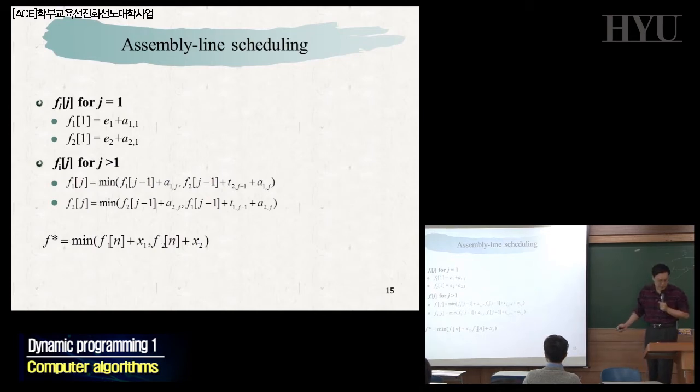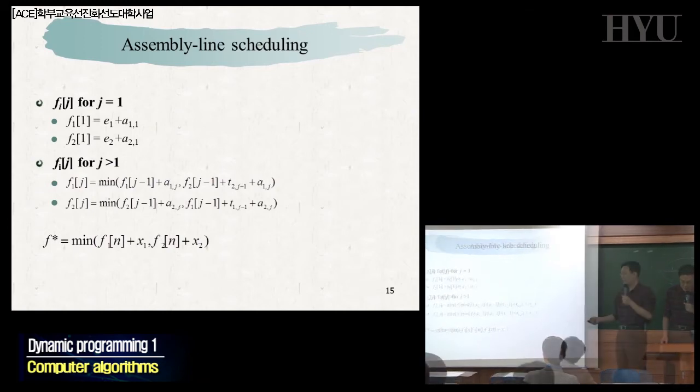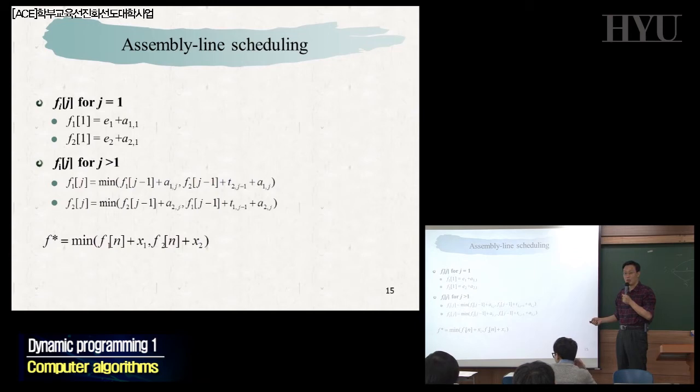The final result: if it is from assembly line 1, the time to finish the last station in assembly line 1 plus the exit time of 1. And in assembly line 2, the finish time plus the exit time of 2.